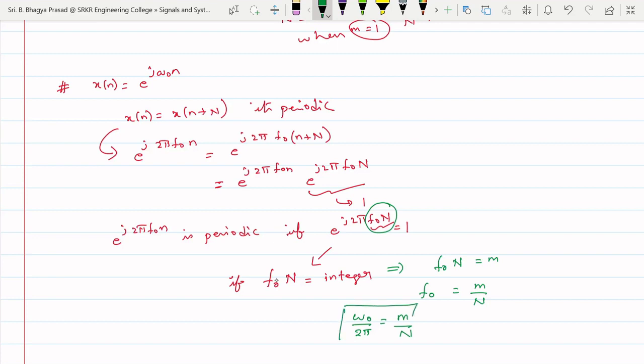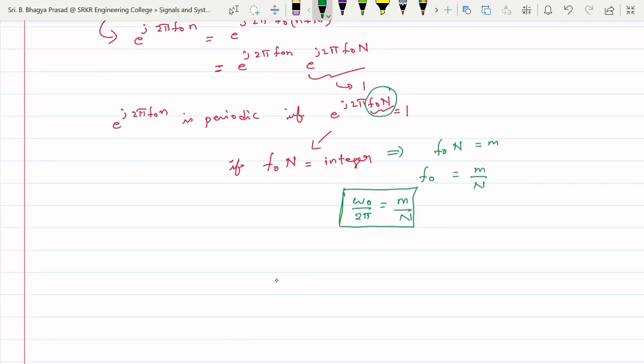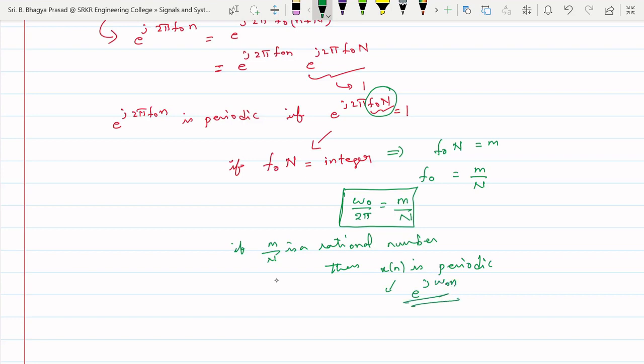So if this condition is satisfied, that is, if m by n is a rational number, then the above signal x of n, that is e power j omega naught n, is periodic.